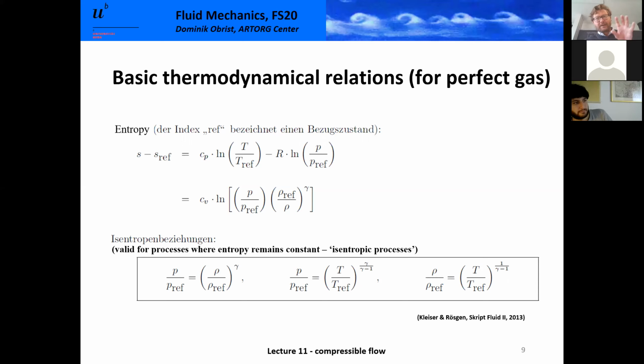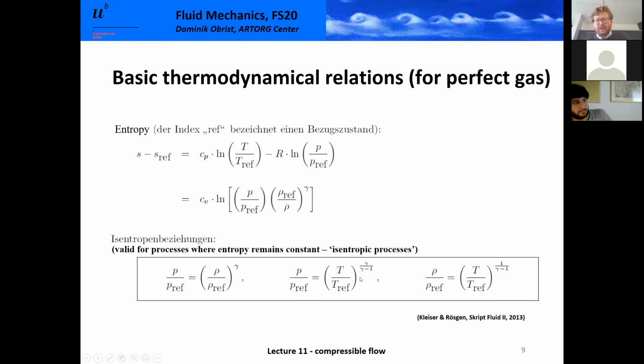As I said, we're only going to, let's say, remotely use entropy today, in that we're going to say entropy will remain constant as an idealization in all our processes. Because whenever you can say that entropy must remain constant, you can use these relations and come up with the formulas I have here boxed at the bottom of the slide.